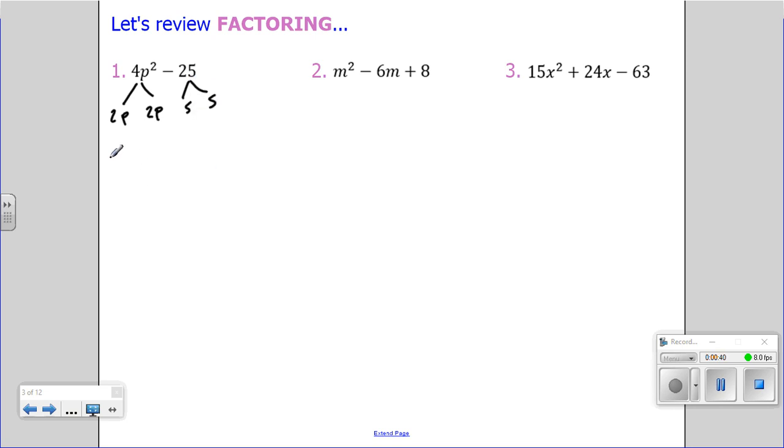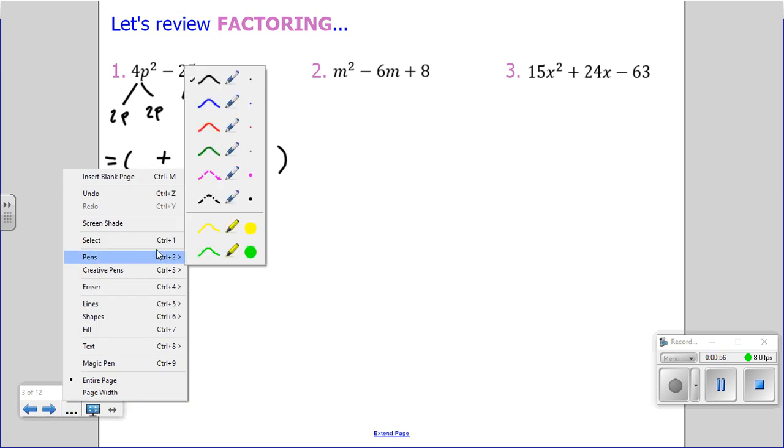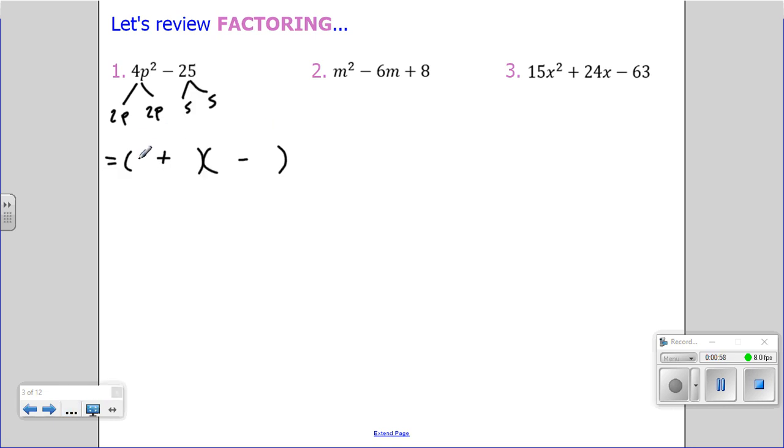So again, when you factor a difference of squares, you will have two sets of parentheses. Both operations are appearing one time in each set. And then write the factors from the factor trees. So it'd be 2p plus 5 in one and 2p minus 5 in the other. Final answer.